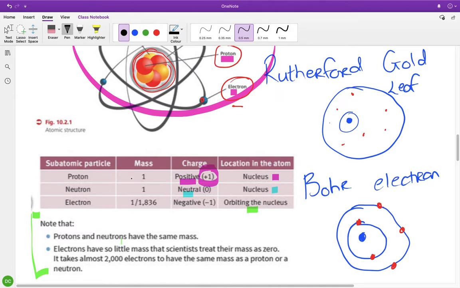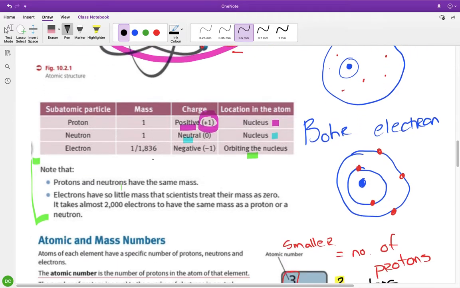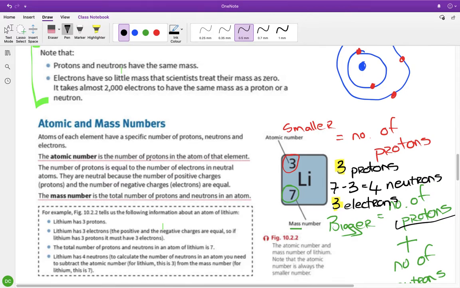Okay, so you don't need to know their actual weights yet. You do need to know their charge, and you do need to know their location. And then this is incredibly important. So using atomic and mass numbers. So what are atomic and mass numbers first, and then using them to tell somebody how many protons, how many neutrons, and how many electrons there are inside a particular element on the periodic table.